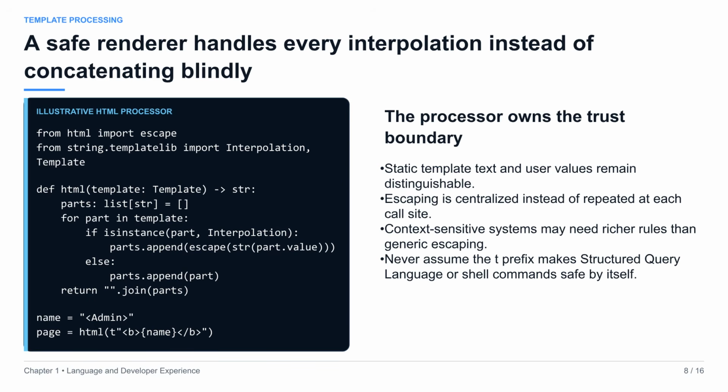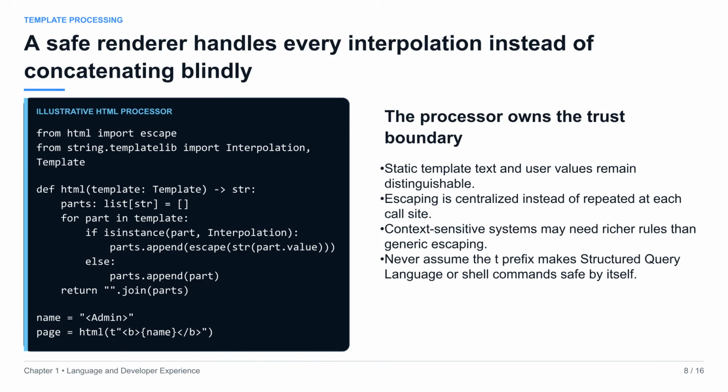This simplified renderer demonstrates the important architecture. Callers author a template, while one trusted function decides how interpolated values enter the output. Static text passes through. Values are escaped before joining. A production HTML processor would also account for attribute, URL, script, and style contexts rather than applying one universal rule.